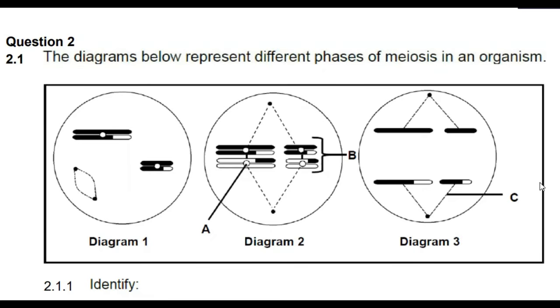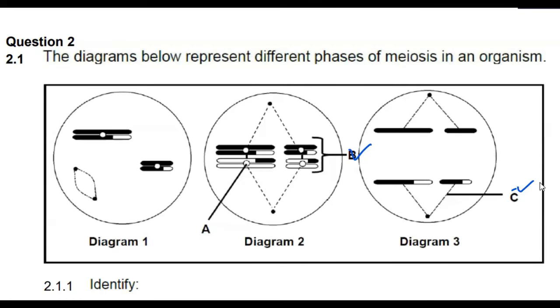They are saying that here you are seeing diagrams. What comes into your mind is the kind of phases which this diagram is indicating. What is C? C is spindle fibers. What is B? Because there are two chromosomes of the same size and structure, B is homologous chromosomes.